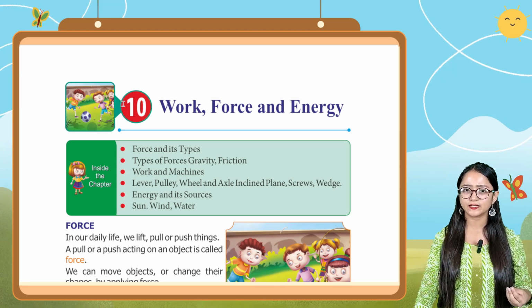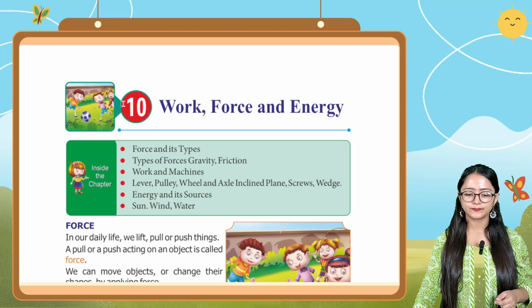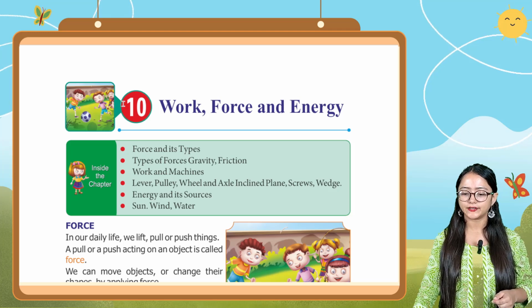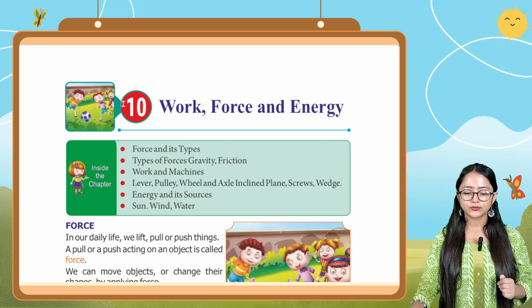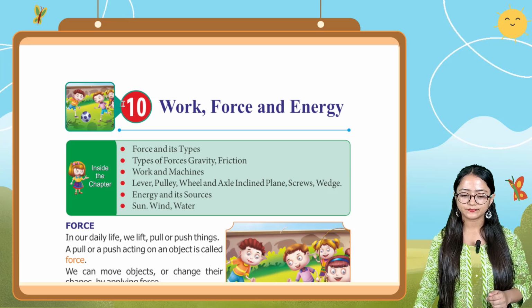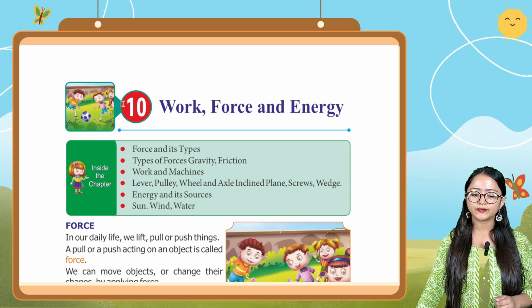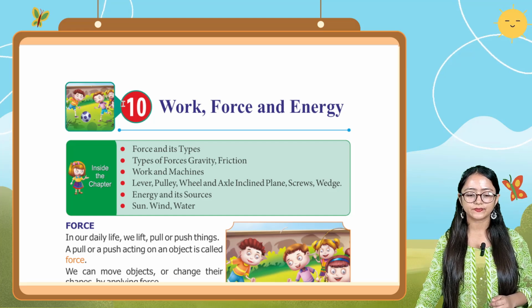So in today's class, we're going to talk about a fresh new chapter, that is chapter 10, work, force and energy. There are some points inside the chapter. The first point is force and its types. Second point, types of forces: gravity, friction.